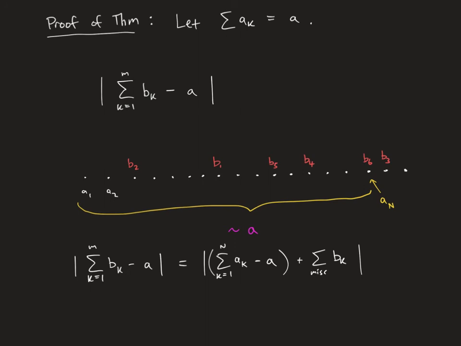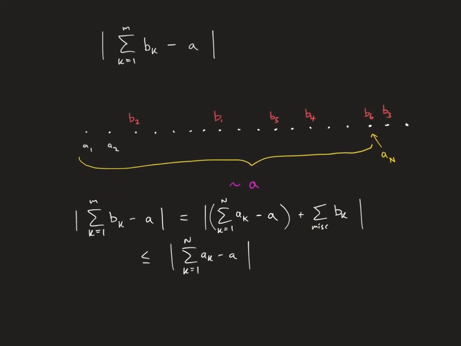And so ultimately I want to show that this is arbitrarily small. I can split using the triangle inequality. I know I'm going to be able to make this difference arbitrarily small because my original series is converging to A, so I'll be able to make this less than epsilon over 2. And then I have this miscellaneous stuff, the absolute value of these miscellaneous B's.